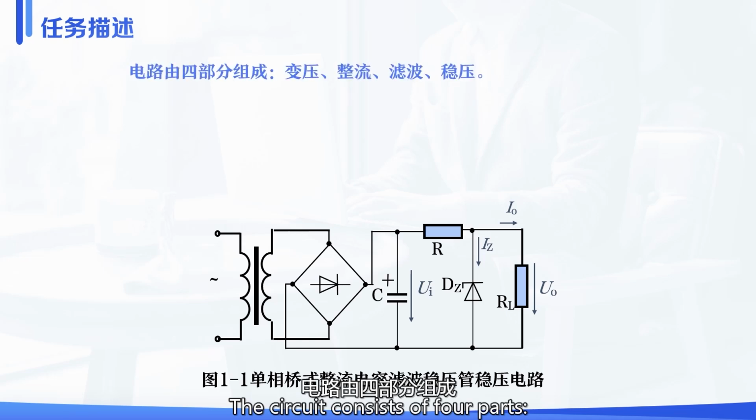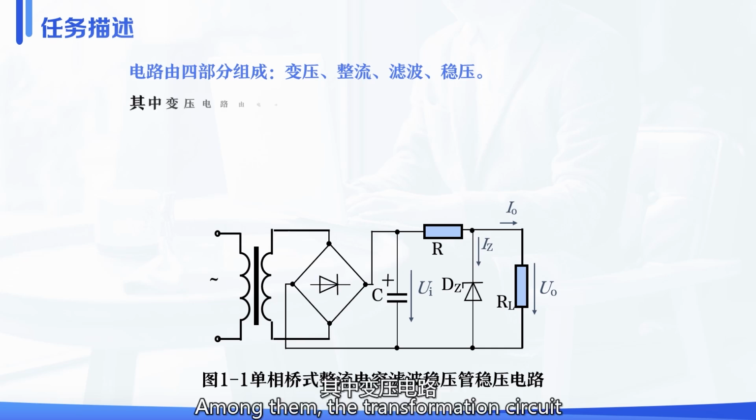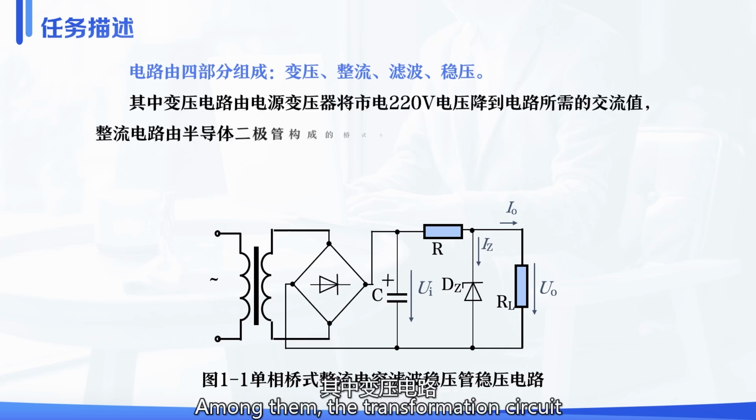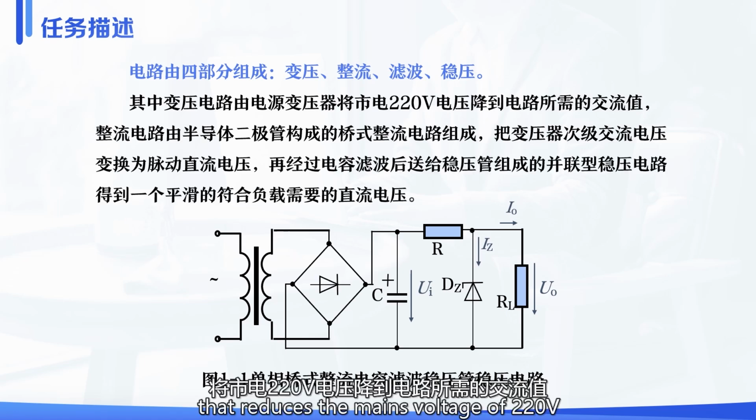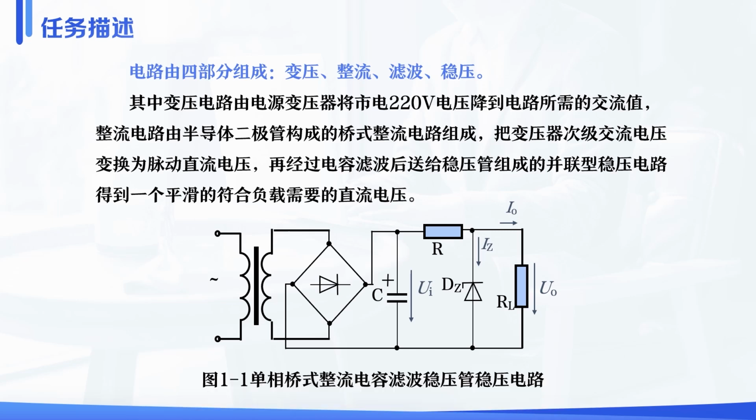The circuit consists of 4 parts: transformation, rectification, filtering, and voltage regulation. Among them, the transformation circuit consists of a power transformer that reduces the mains voltage of 220 volts to the alternating current value required by the circuit.